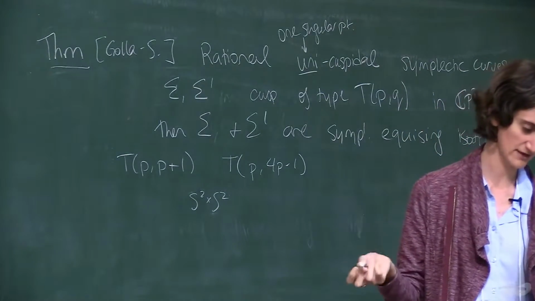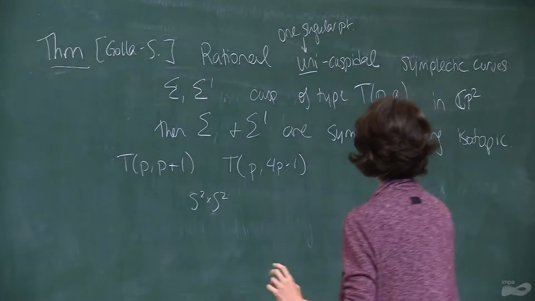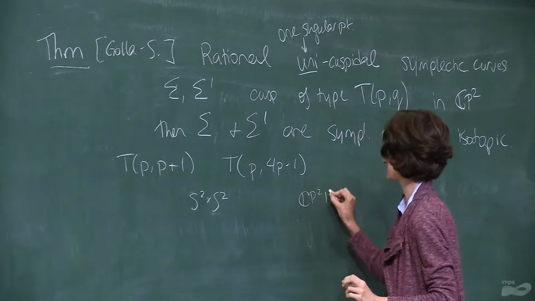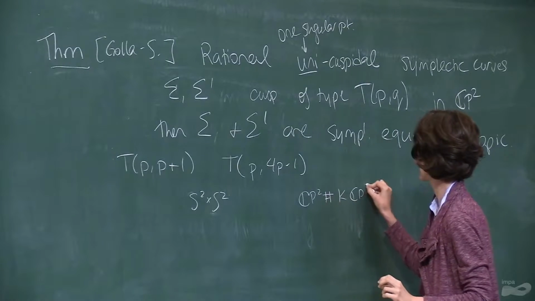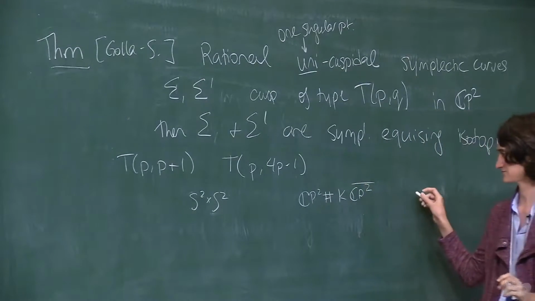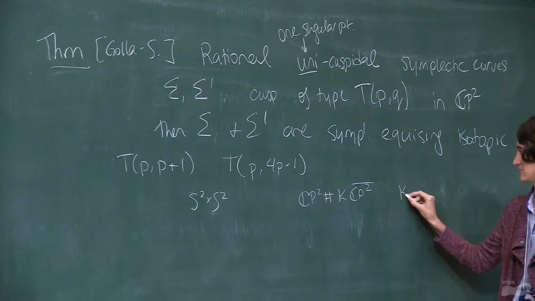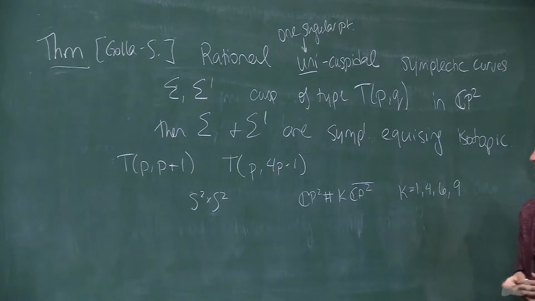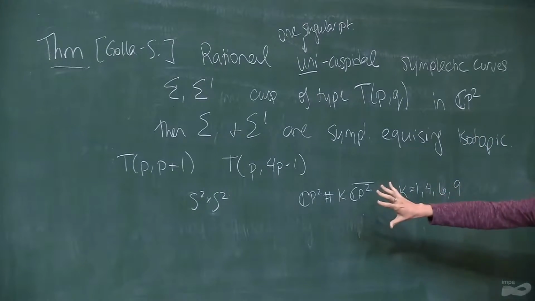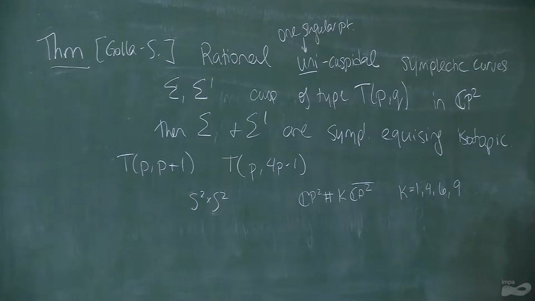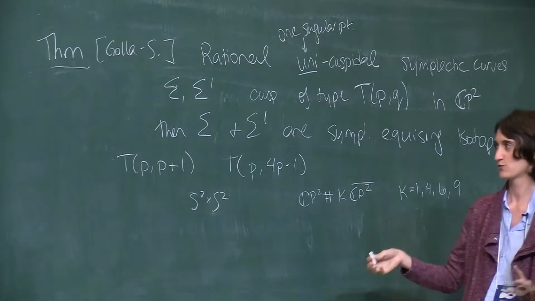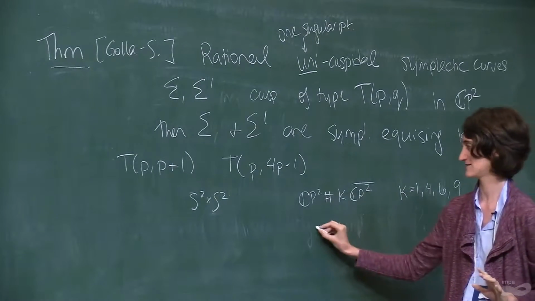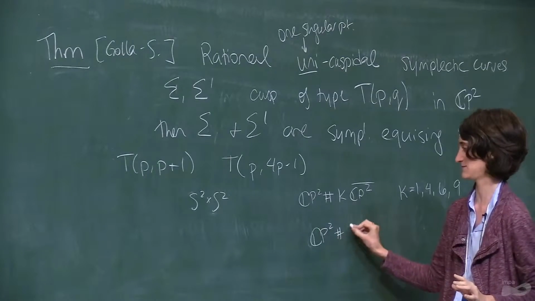And then there are a few sporadic cases that can live in some blowups of CP2, for certain values of k. So in general, these have unique isotopy classes in CP2. In other manifolds, they also typically have unique isotopy classes, except for one particular curve that has two different isotopy classes in CP2 blown up 6 times.